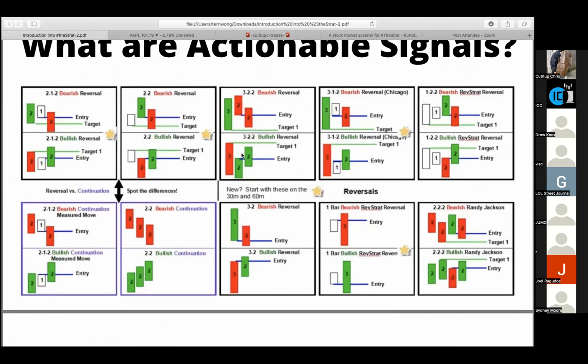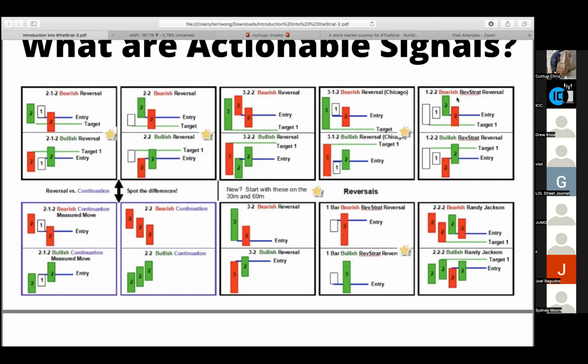This is a red 2 up. This is a green 2 down. We play that reversal. We actually be looking for those. Reversal plays have really good RR, risk to reward, and it gives you clear targets as well.